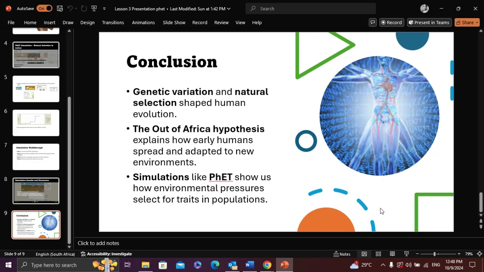We have seen how traits that help organisms survive in different environments become more common over time. This mirrors the evolutionary pressures faced by early humans as they migrated and adapted to new environments. Through reflection, writing logs and checklists, you'll be able to consolidate what you have learned today and apply it to your understanding of human evolution.